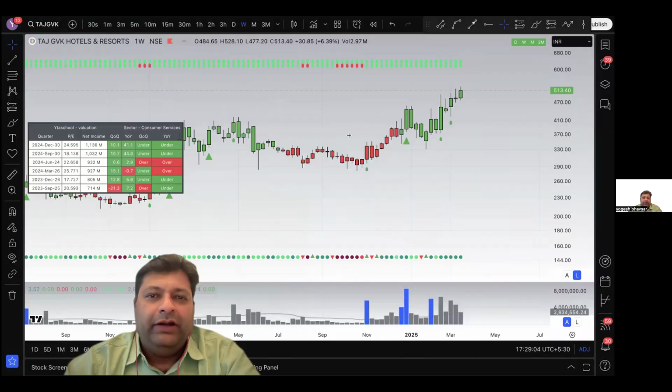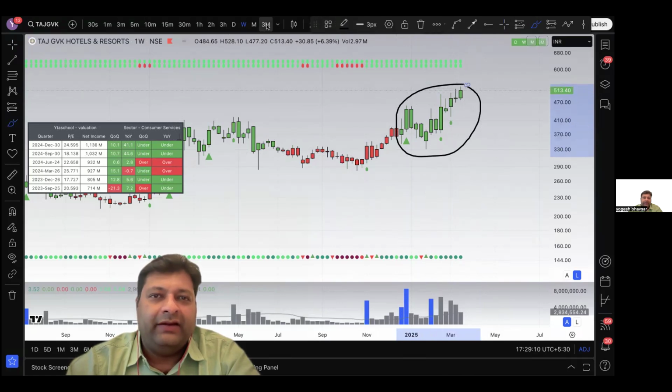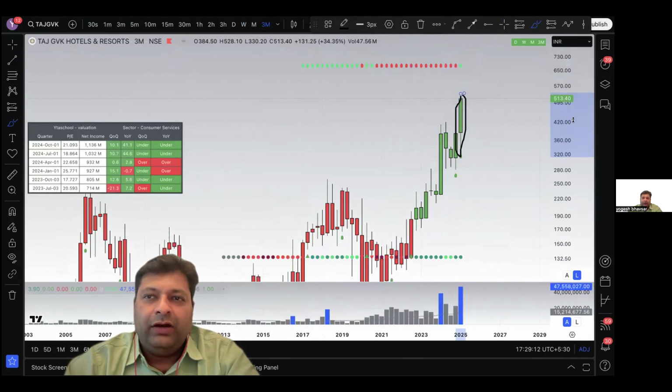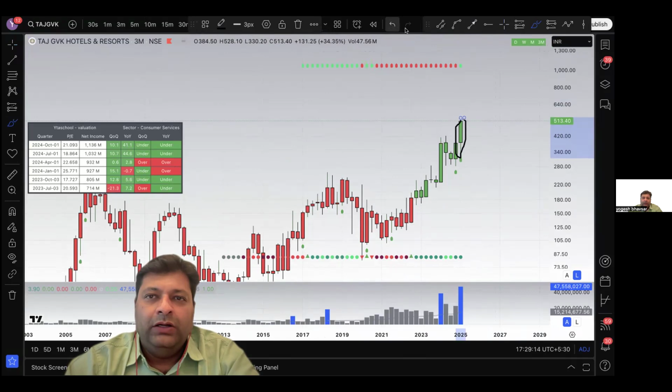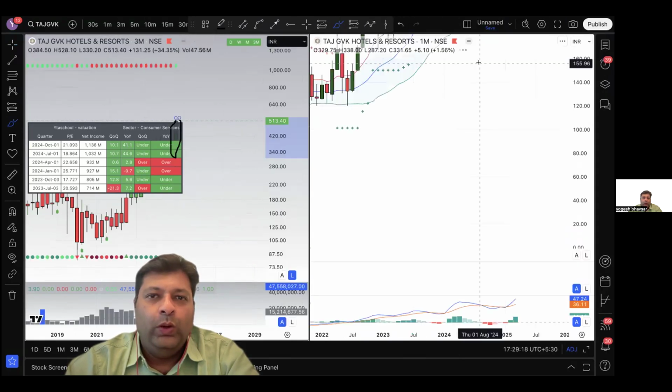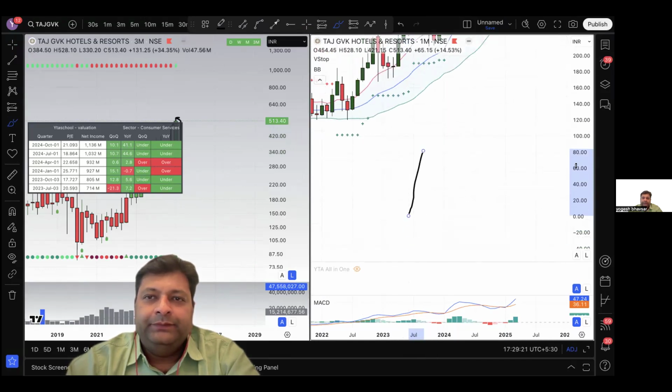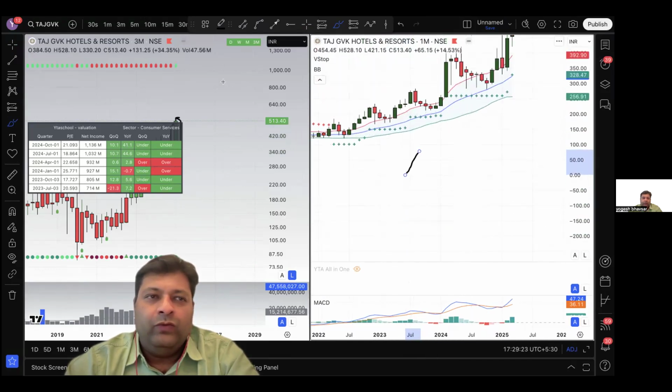Now let us first understand what these candles are. If I just open a new comparative window, let me remove all this so that there is no confusion later on.